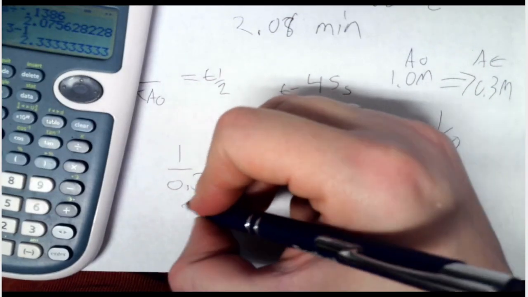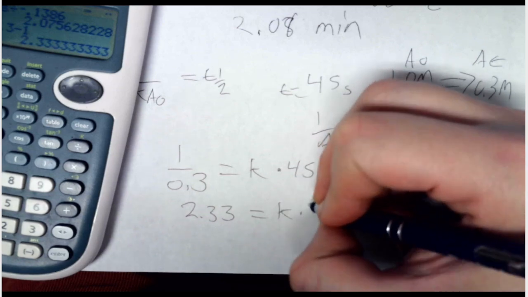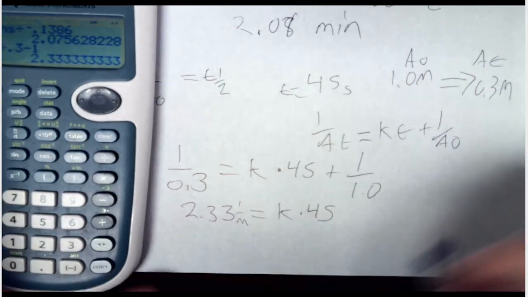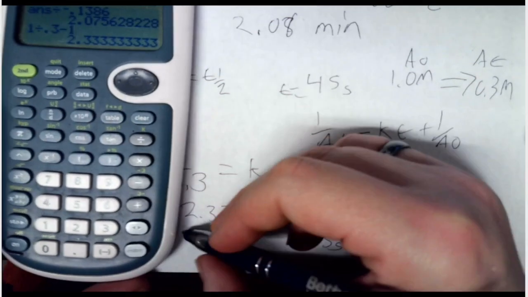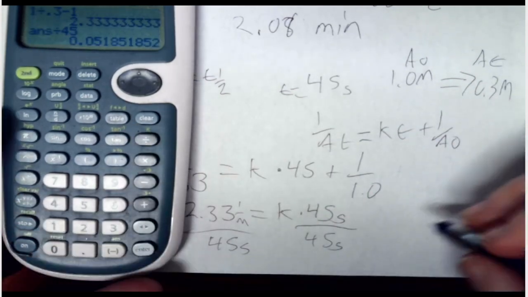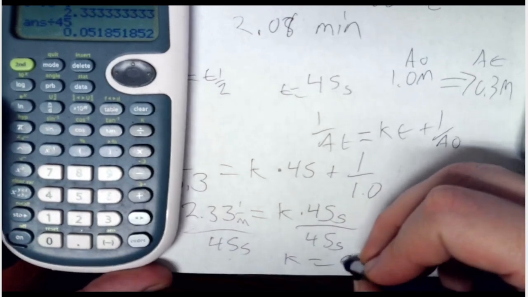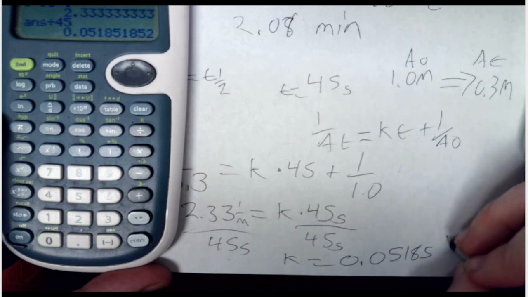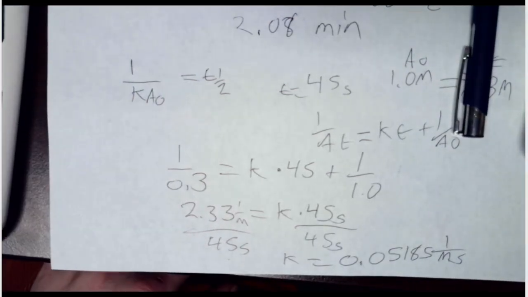If I do that, I'm going to get 2.33 equals k times 45. Now if I divide both sides by 45 seconds, I'm going to get a k. The k is going to be 0.05185 1 over M s.